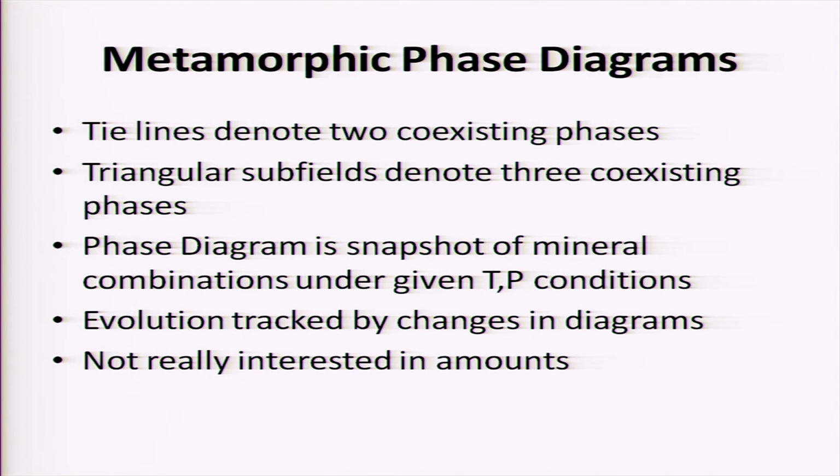Similarly, each such diagram represents a snapshot of a range of pressure and temperature conditions. How? You see that if it is a three component diagram, that is X, Y and Z, and a subfield of the triangular diagram is there, that will represent an area. Now, in a three component diagram, if we recall the Gibbs phase rule, P plus F is equal to 2 plus C. If in a three component diagram three phases coexist, that means the degree of freedom is 2.